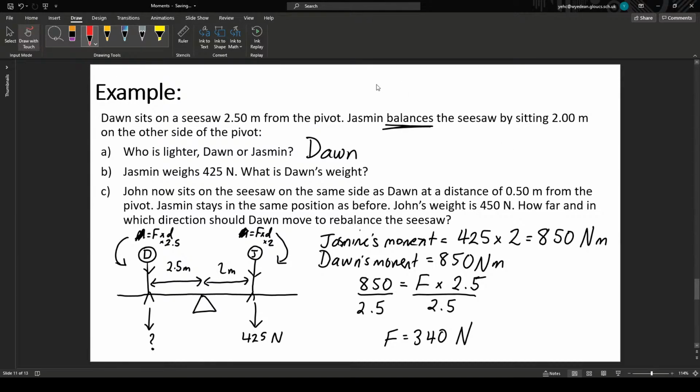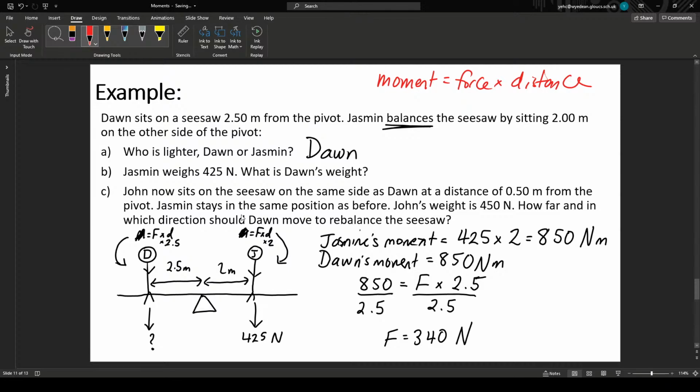The key thing is for you to know that moment is equal to force times distance. That's the first thing. Now, the second thing you need to understand is that when you have two moments going in opposite directions to each other, for them to balance out, they have to be equal to each other.